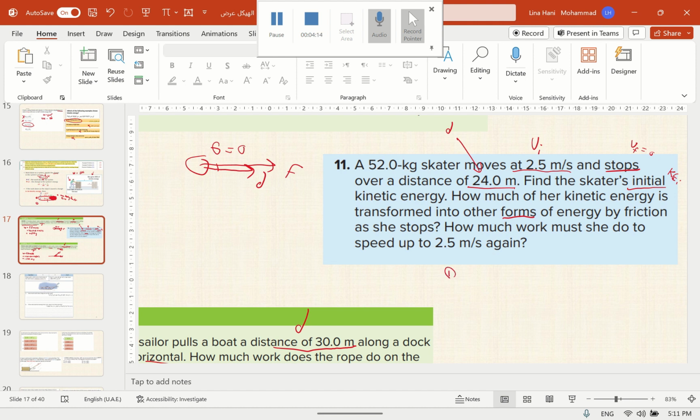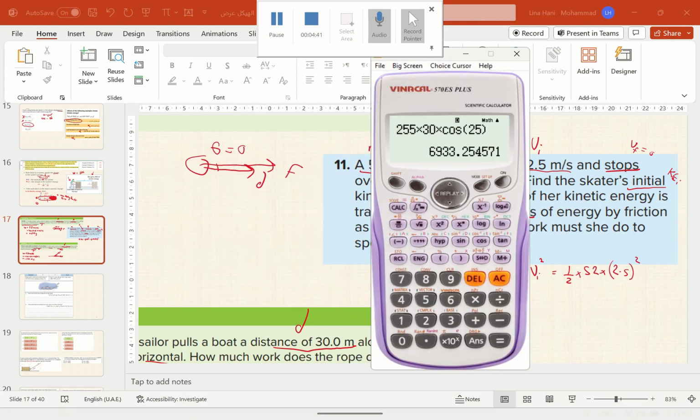Right, let's find first the initial kinetic energy. That's half mass times initial velocity squared. Half the mass. Oh, where's the mass? Oh, there's the mass. Sorry, I did not see it. 52 kilogram skater. So we have the mass, 52, and the initial velocity, 2.5 squared. Calculator, please.